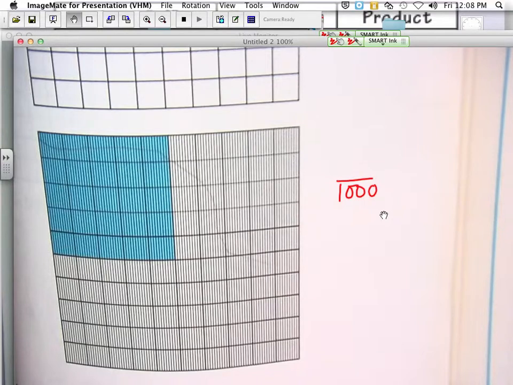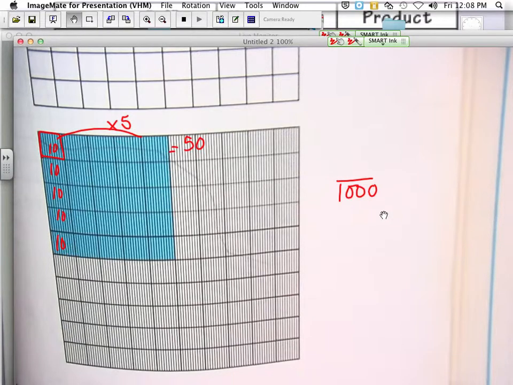Now, we've got to figure out how many are shaded. How many little squares are in one square here? 10. So here's 10, 20, 30, 40, 50. And if I have that 5 times, 10 times 5 is 50 in each row.